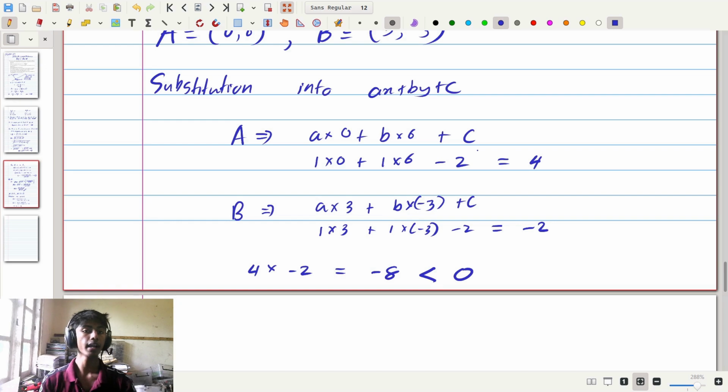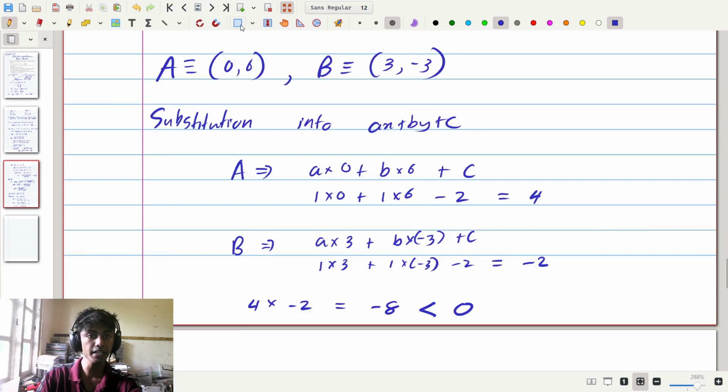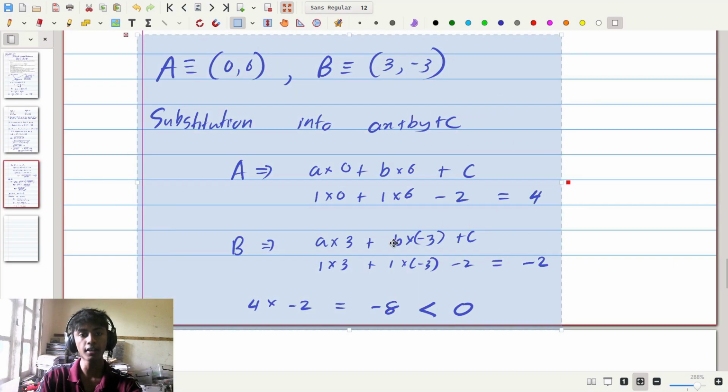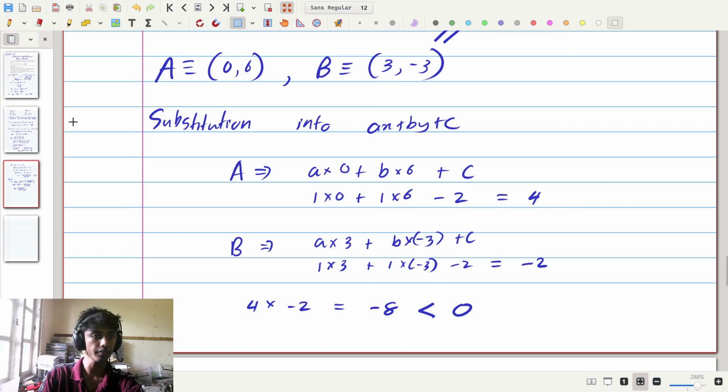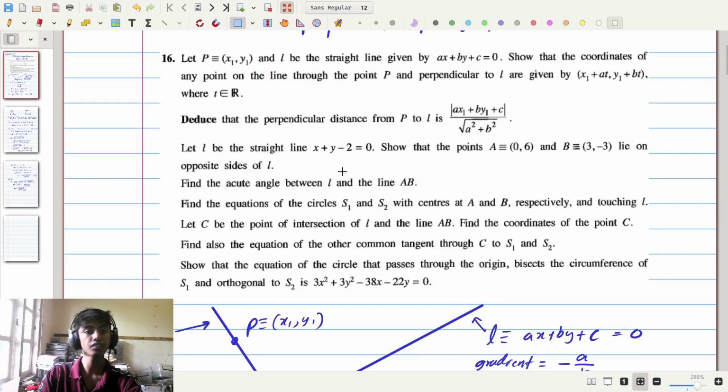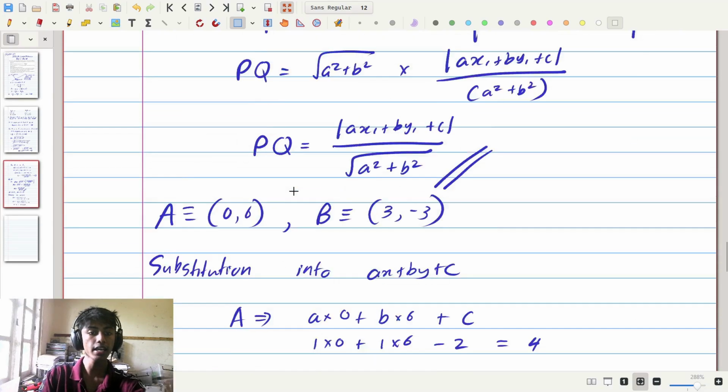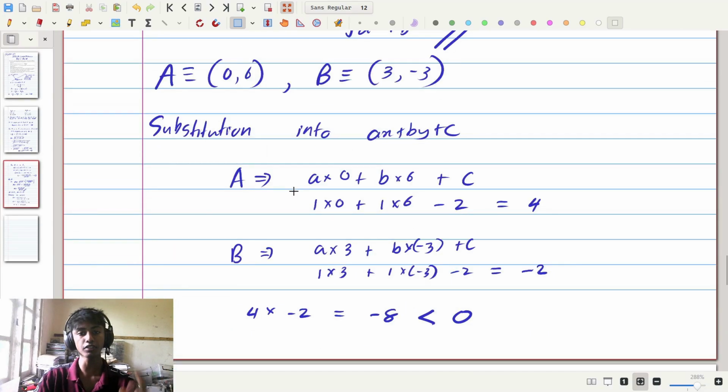Now, as I said, if the product of these two values here is negative, then the 2 points we're interested in are on opposite sides of the line that we're interested in. Therefore, if the line L is given by x plus y minus 2 equals 0, by substitution we can see A and B are on opposite sides of the line.